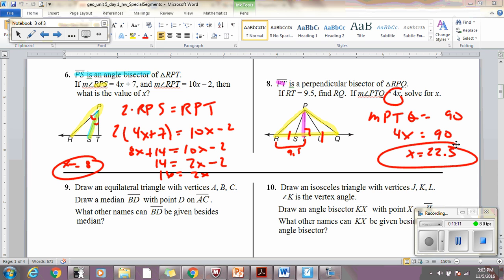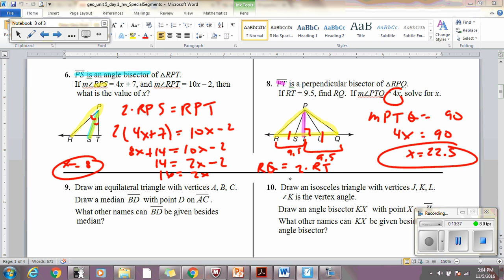Oh, it also had wanted us to find RQ. So there was more to it. We know RT is 9.5, so that means that TQ is also 9.5. So RQ is 2 times the amount of RT.